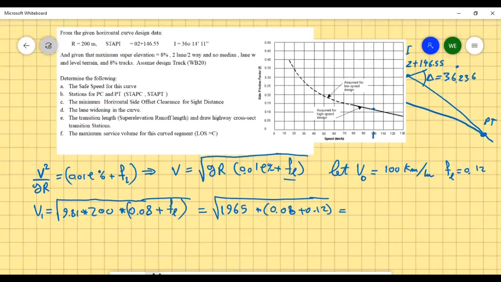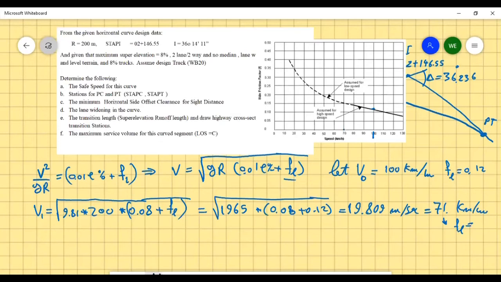So this is going to be 19.809 meters per second, which is 71 kilometers per hour. So this will give us the effective side friction fL equal how much?